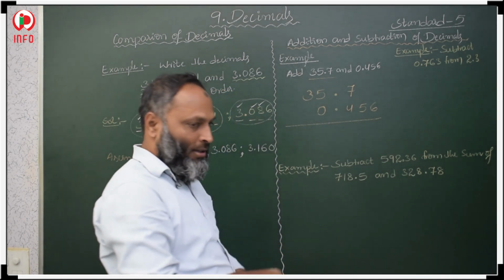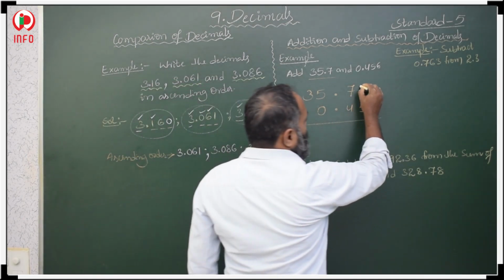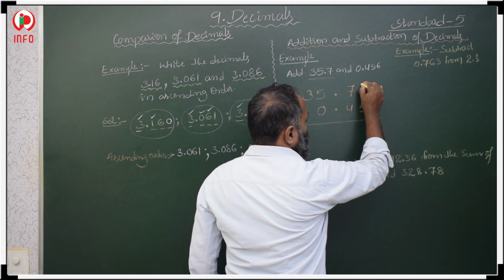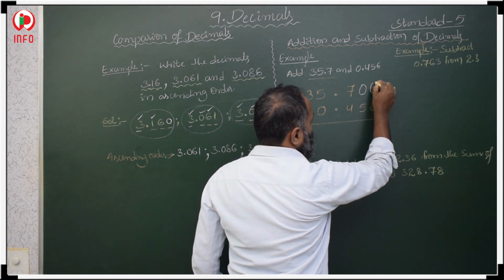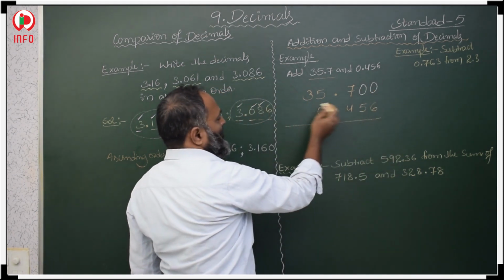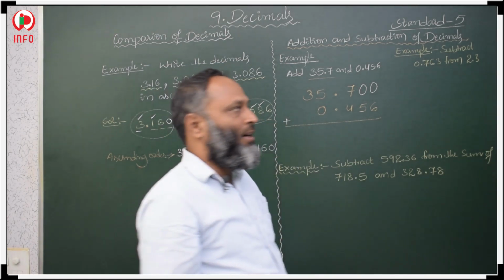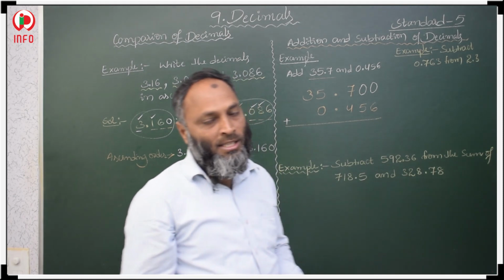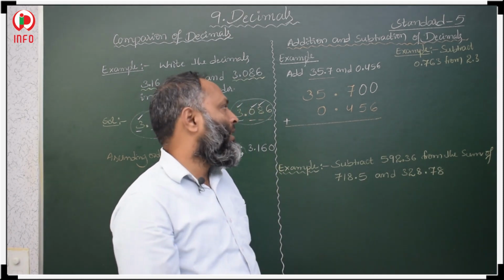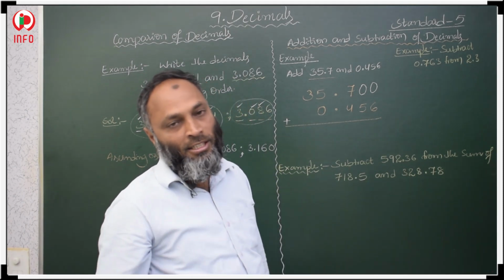Now in the first one there is no hundredths place, so take 0. There is no thousandths place, 0.